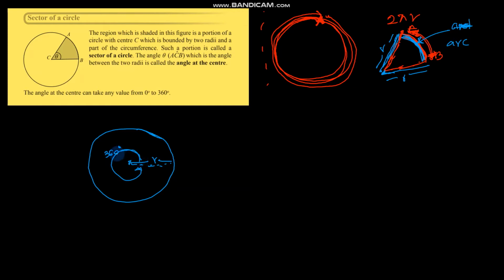We are actually going to talk about the proportions of it, right? For the entire circle, the total angle is 360 degrees, and for 360 degrees, the length is 2 pi r from here to here, right?